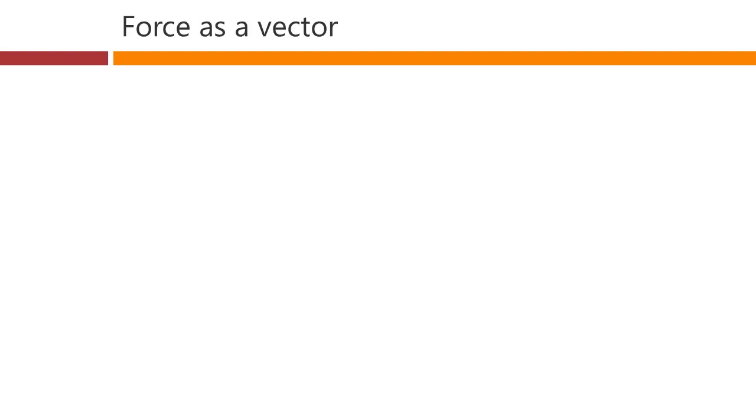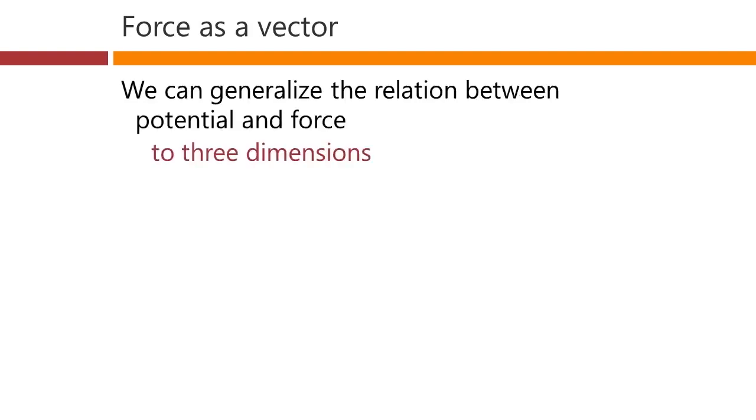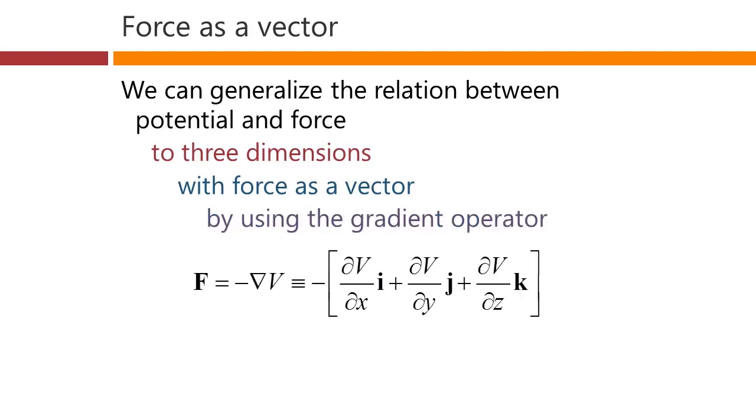Now, so far we've only been thinking about force in one very specific direction. Of course, force is a vector, so we have to think explicitly about directions. And we can generalize our idea of the relation between potential and force to 3 dimensions with force as a vector by using the gradient operator. So the gradient operator, you remember, is gradient of V or grad V. The gradient is constructing the 3 components of the force, one in the x direction, one in the y direction, and one in the z direction, using the partial derivatives.